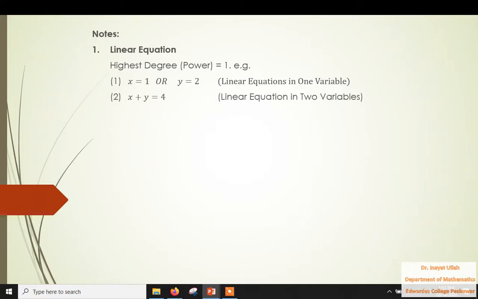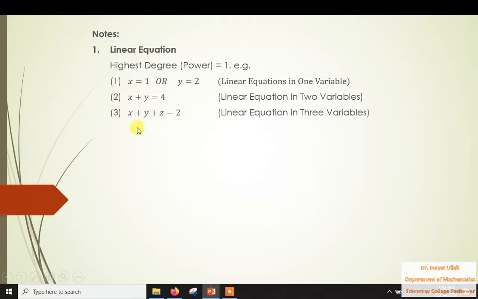Secondly, if you see here, this is a single equation in which two variables are involved, and the maximum power of the variables is 1. The power of x is 1, the power of y is 1. So this is a linear equation in two variables x and y.